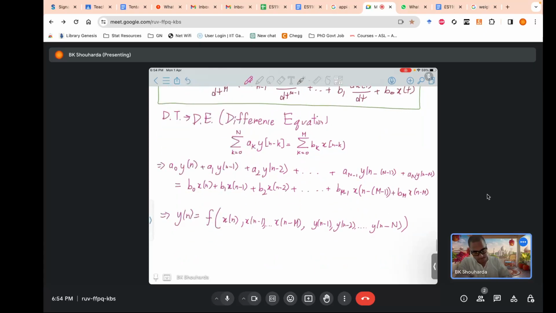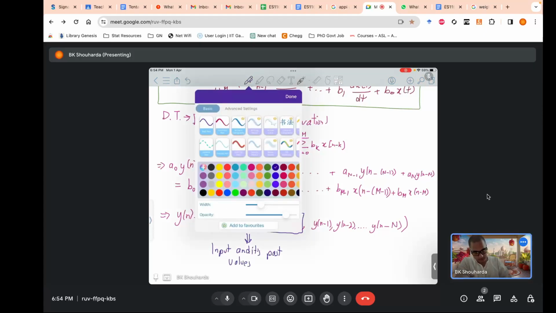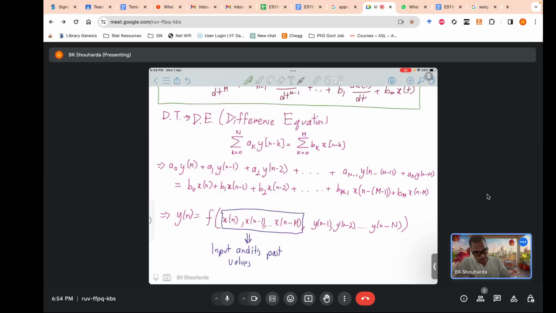Okay, this is the first part, the input and its past values, and this one is the past values of output.